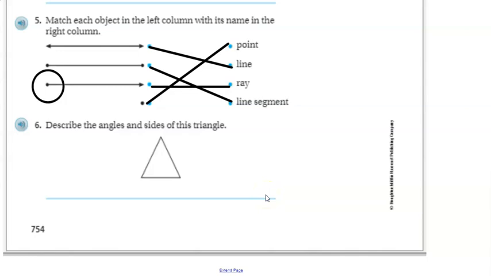Okay, down below, describe the angles and sides of this triangle. So hopefully you see that these angles right here are not 90-degree angles. So if I drew up a line, you would see this angle is inside a 90-degree angle, and this one isn't a 90-degree angle. It's inside the 90-degree angle, and that would be the same for this one.